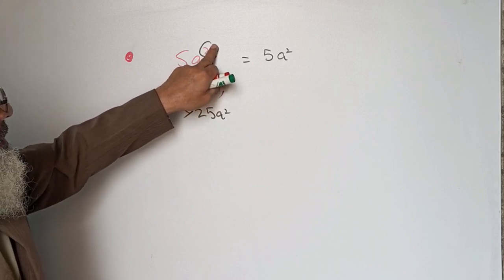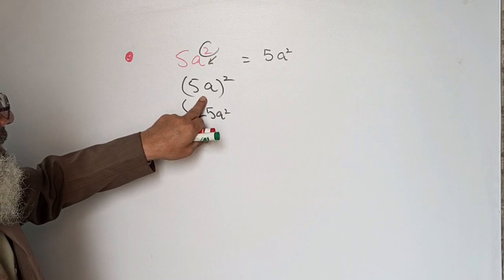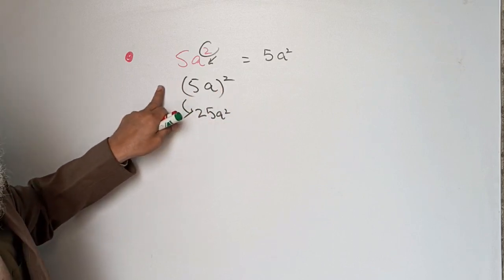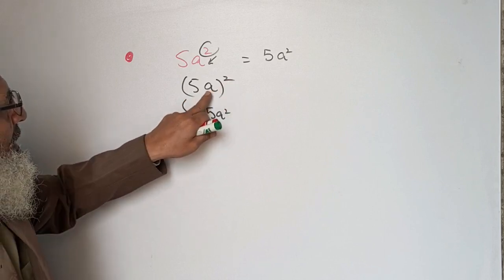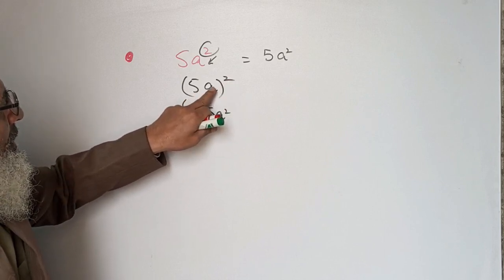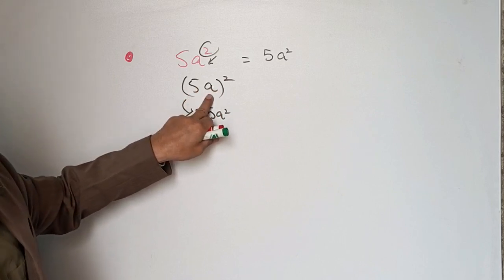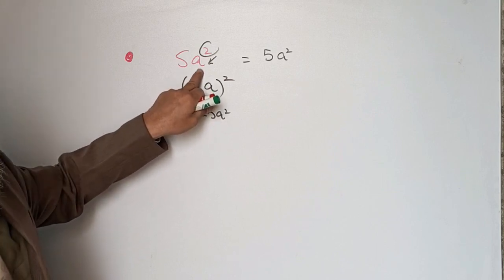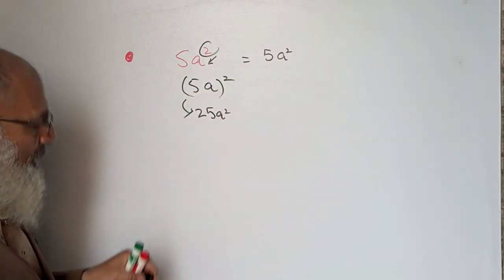This square is the index of the base a only, but in this case, because it is enclosed in the bracket, it is applied to all of the base, that is 5a. Here the base is 5a, but there the base is only a.